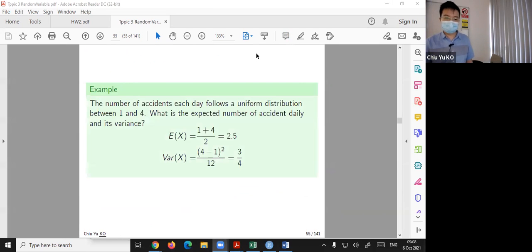So let's look at this question. Okay. Here I use number of accidents. Maybe it's better to change it to a continuous thing. Maybe better is to say the amount of rainfall.